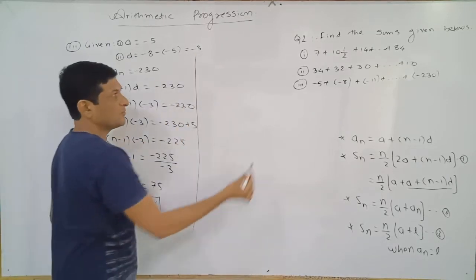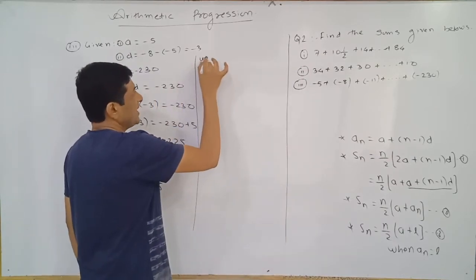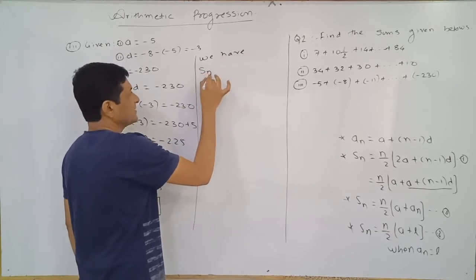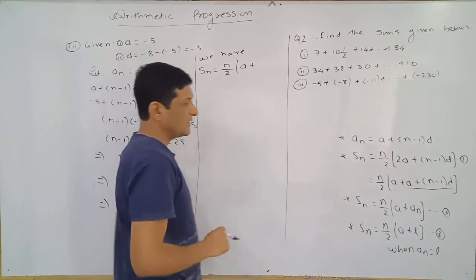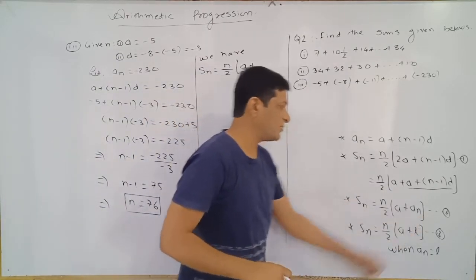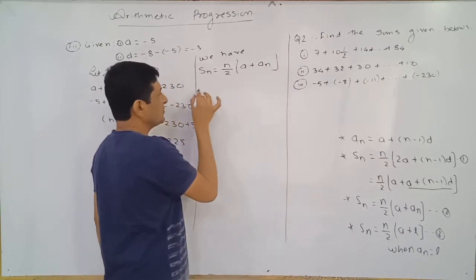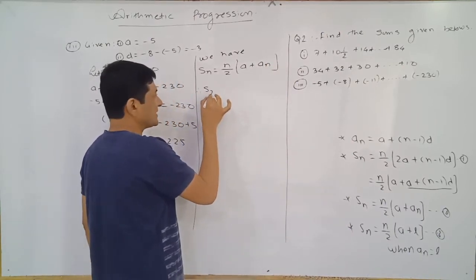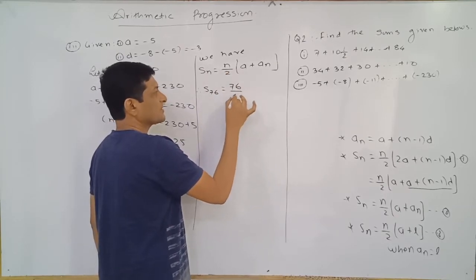Now we are trying to find out sum of these 76 terms. So we have one formula to find out sum of n terms, that is Sn is equals to n by 2 into a plus an. We are giving priority to apply second formula here. So which is equals to, n is nothing but here 76, n again replace it by 76 upon 2.